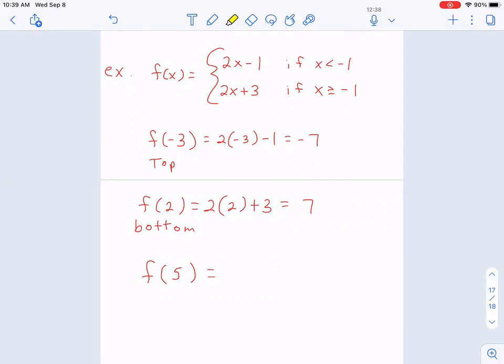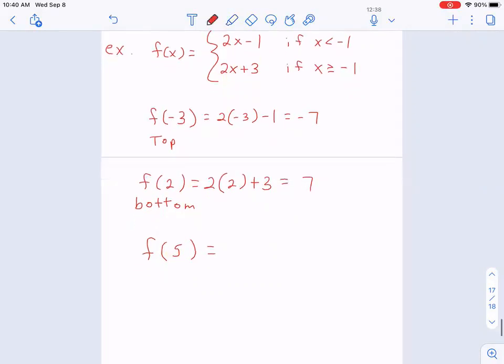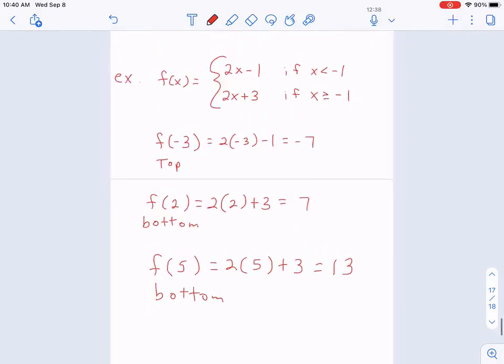We are going to plug that into the bottom because it's greater than negative 1. So I'm plugging 5 in for that x. So we're going to do 2 times 5 plus 3. Okay, I plug that into the bottom. 2 times 5 is 10, plus 3 would be 13, and 13 would be our answer.